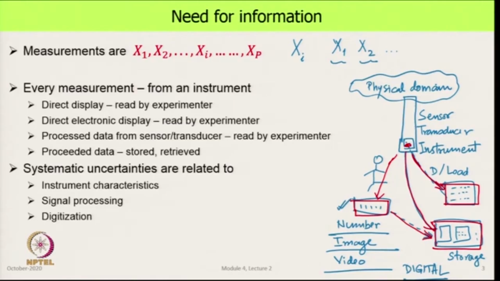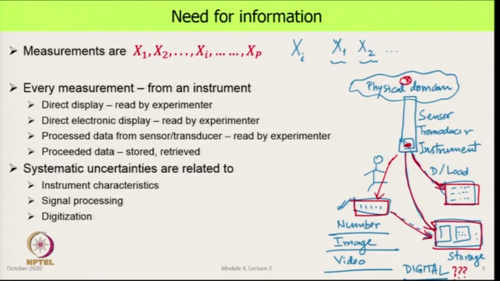So, now what happens is, lots of things are going on which start with the physical domain, which had some properties or values, and in the end we are reading something in our final digital format.